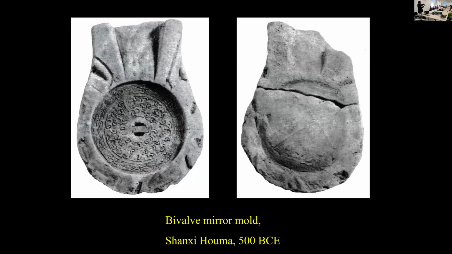You pour molten bronze into it, and when the molten bronze solidifies, you break the mold and obtain a bronze mirror. Usually, a lot of these molds were made of clay. When the molten bronze solidifies, it absorbs all the pattern from the clay mold; usually the clay mold is not reusable.